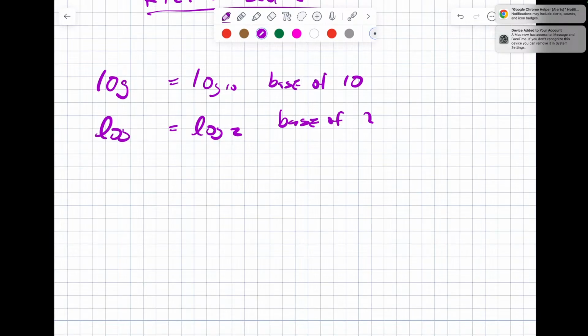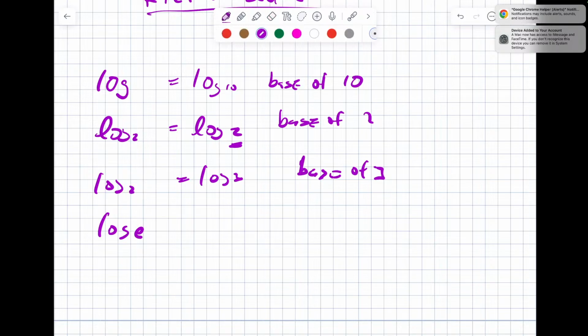Okay. So log base of 2. So this is the log 2. Can you have other types of log? Yes. Another common one, log base of 3. And can you have a log base of e? This is called a common log. Most of the time, like a square root, if I don't write a 2, that still means square root.